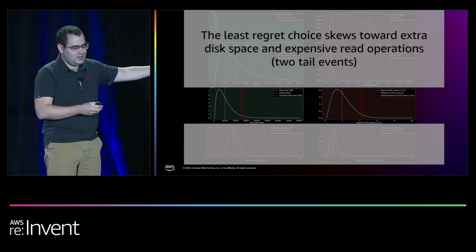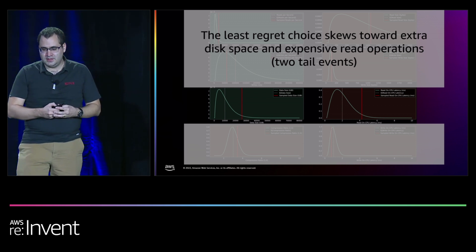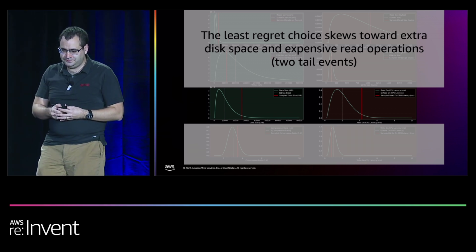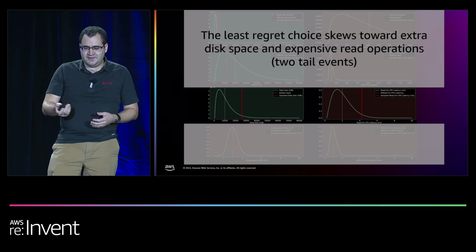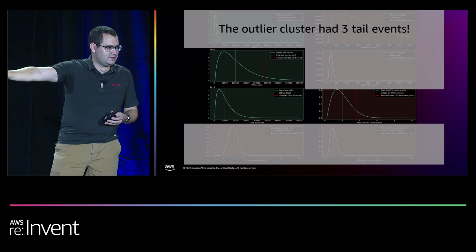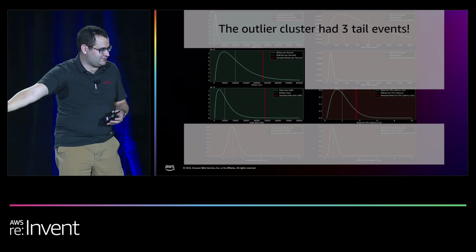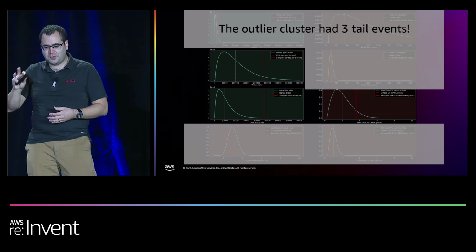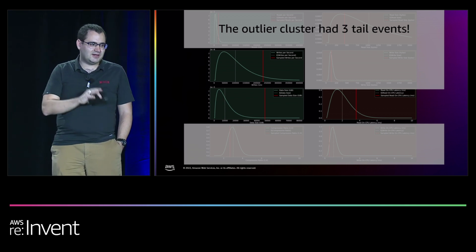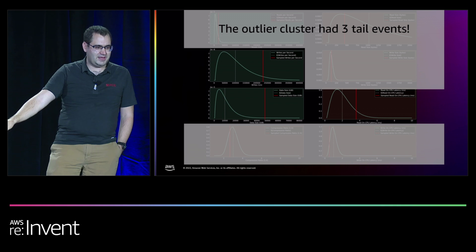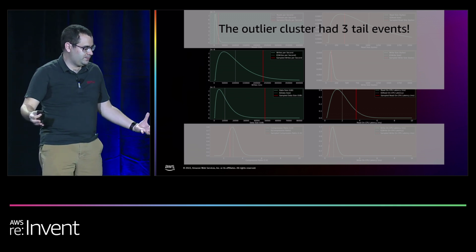In that world, we had slightly more writes per second and data size, and our reads were a little bit more expensive. And if you look at that tail cluster, the really expensive one that we would never buy because it's super regretful in general, that cluster had 3 major tail events. It had a lot of size, it had a lot of writes, and whenever you would read from it, they were very expensive read queries.